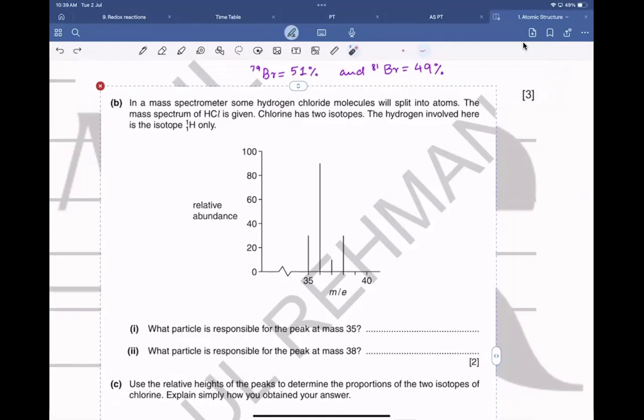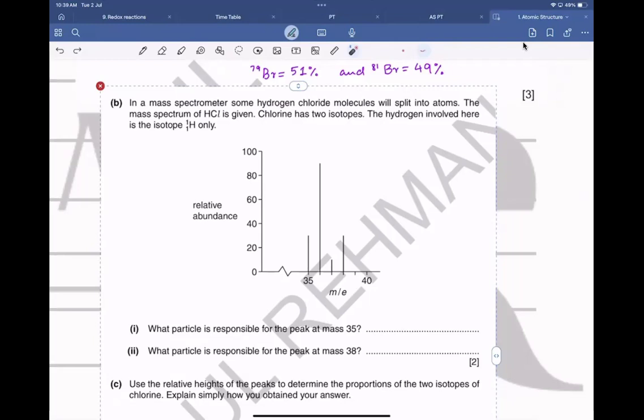So in the sample we have HCl molecules, hydrogen atoms and chlorine atoms, isn't it? Yes, sir. So we have 3 different species. Then they have told you that chlorine has 2 isotopes and for hydrogen, only 1 isotope is involved, that is hydrogen 1. Is this understandable? Yes, sir.